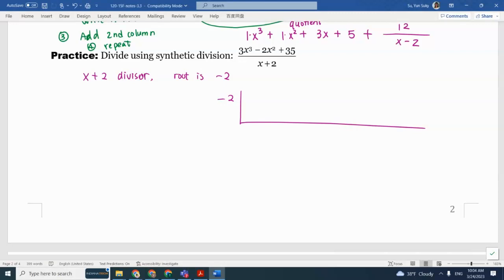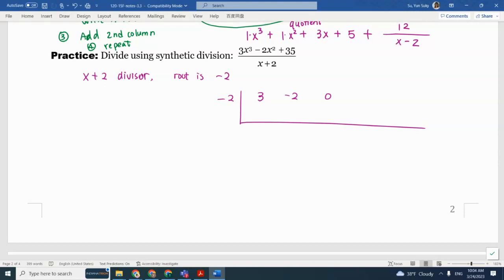And then the numerator: 3x cubed, and then negative 2x squared. What's the next number? Yes, it's 0, because we don't have x.